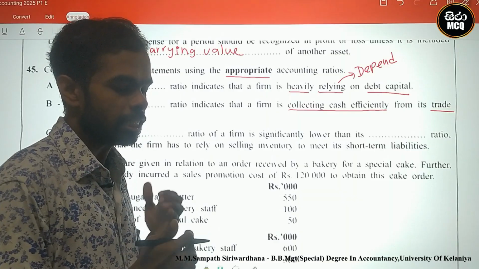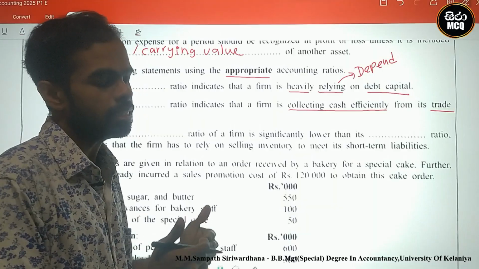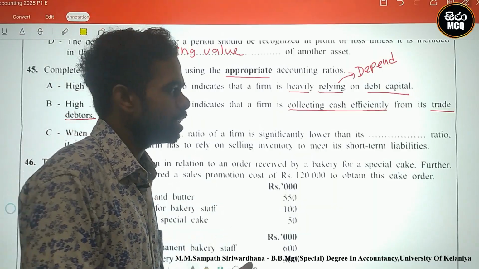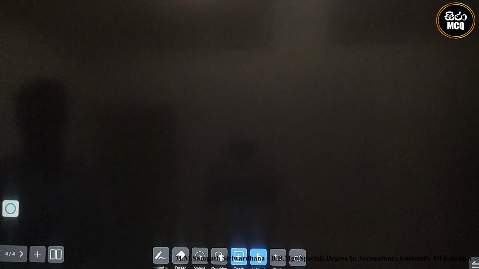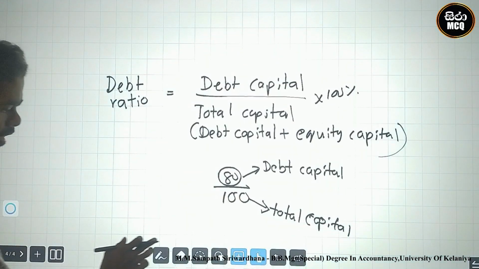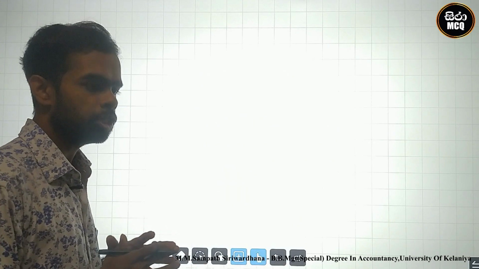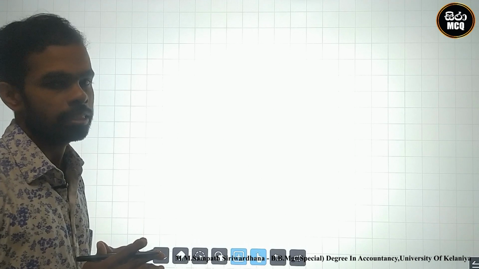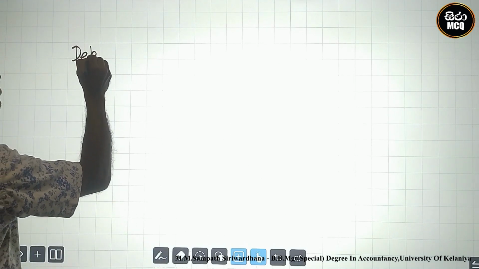Collecting cash efficiently means collecting cash immediately from its trade debtors. You know, there are two major ratios that impact trade debtors. What is the first one? The debtor turnover ratio.